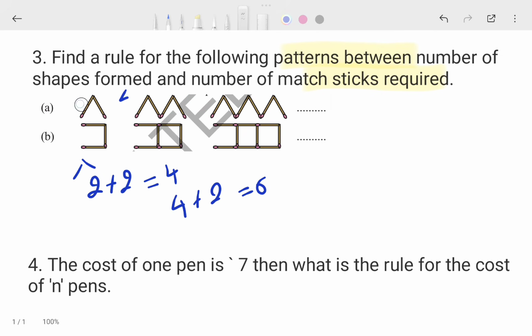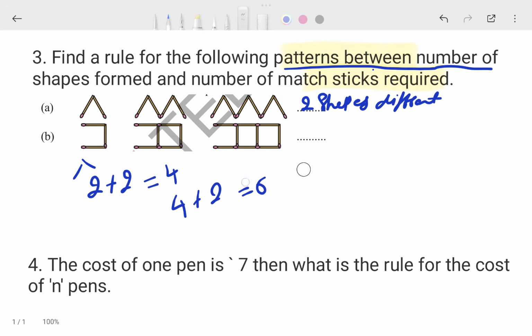So we understand this is following the 2 pattern. Now how many patterns are they following? They are following the 2 pattern, 2 matchsticks required for each shape.